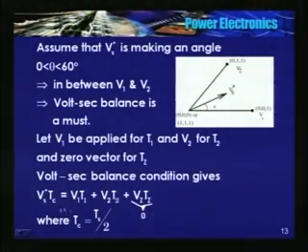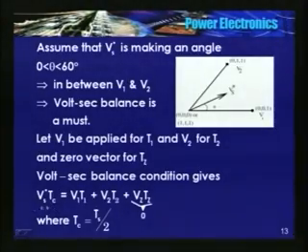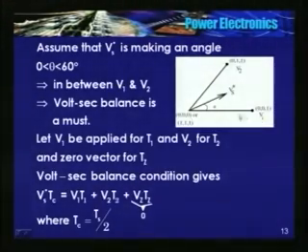Now how do I calculate T1 and T2? I said volt-second balance has to be satisfied. This is the incremental flux due to the space vector in Tc seconds, and somehow I need to get it using these two vectors. Now when I apply V1, I am along the x-axis.